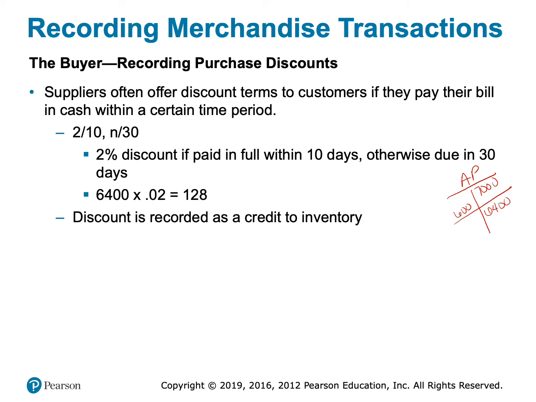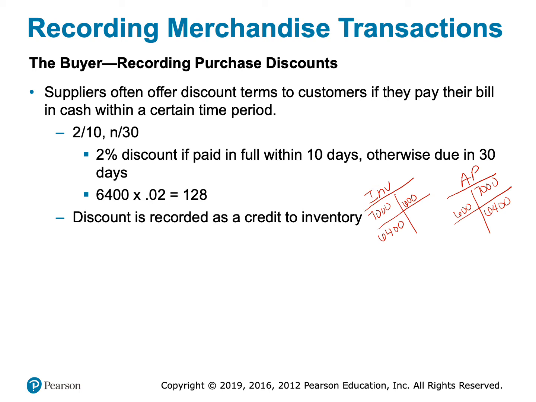And the same thing with my inventory T account. I have a debit of 7,000. I credited it for 600 when I returned that inventory, and now I have a debit balance of 6,400. Remember, inventory is an asset, and assets are always recorded at their historical cost, meaning how much I paid for them.